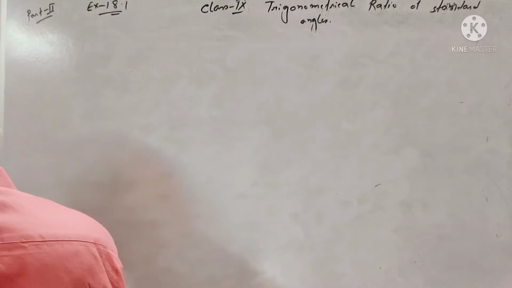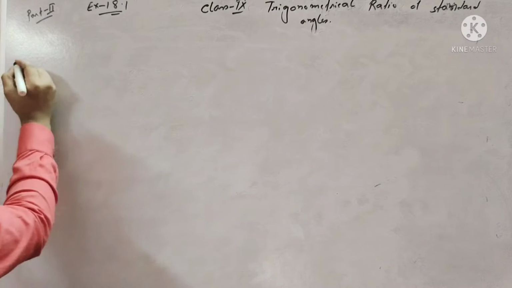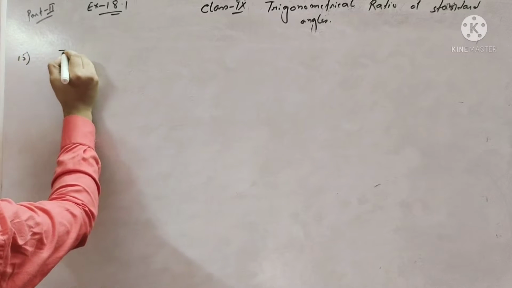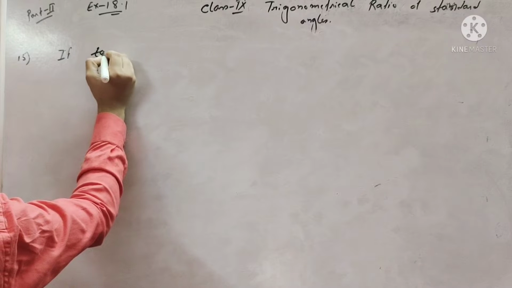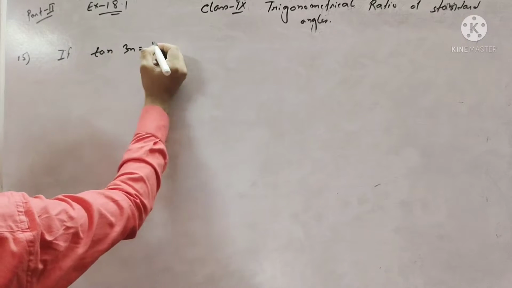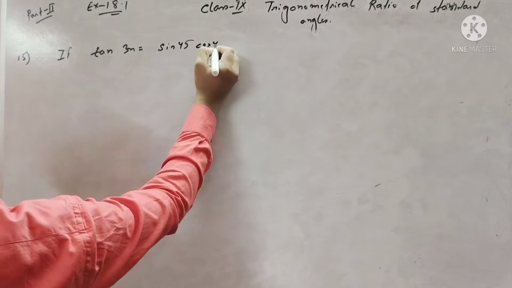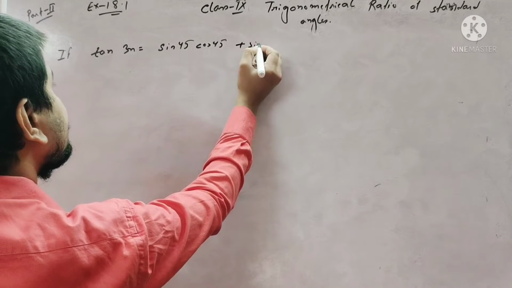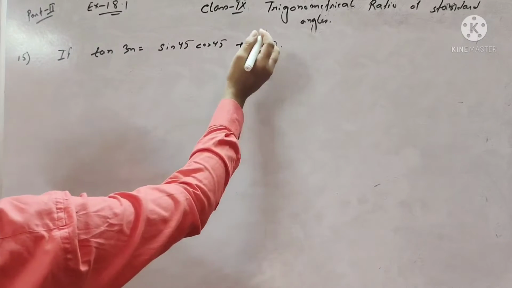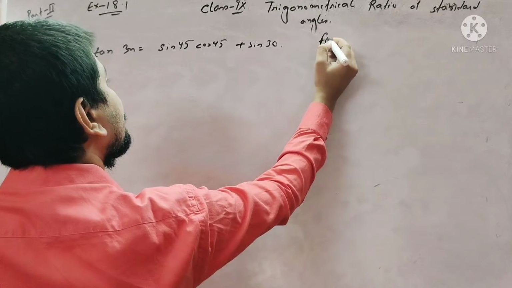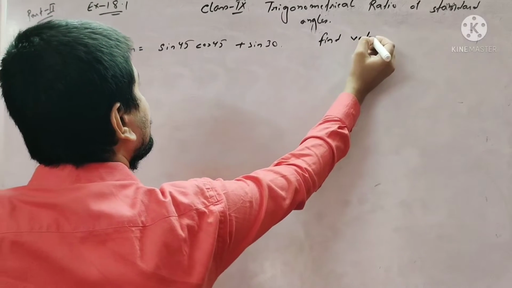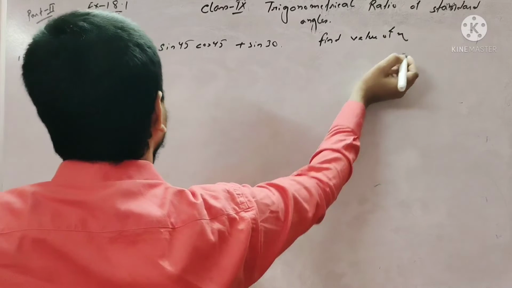Now question number 15. If tan 3x equals sine 45 and cos 45 plus sine 30, find the value of x.